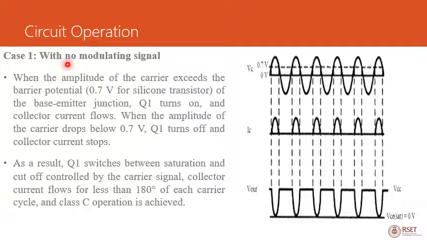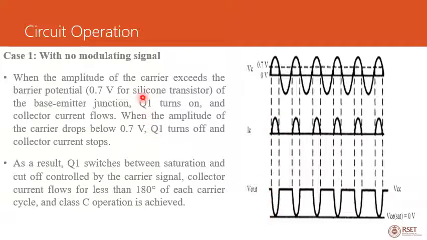In case 1, we are not giving a modulating signal at the collector. We are giving only the carrier signal at the emitter, and that carrier signal will control the turn on and off position of the transistor. If the transistor is turned on, then there will be some IB. Because of that IB, there will be some IC. If there is some IC, at the output you are having the output voltage.